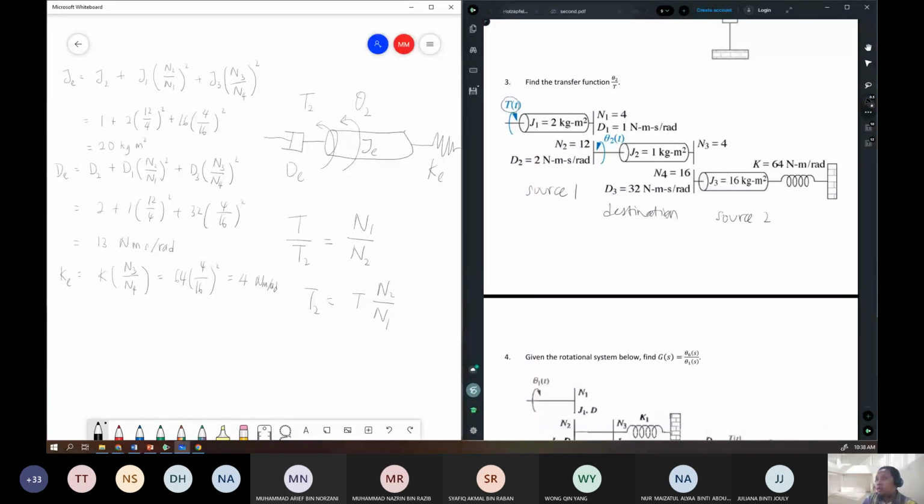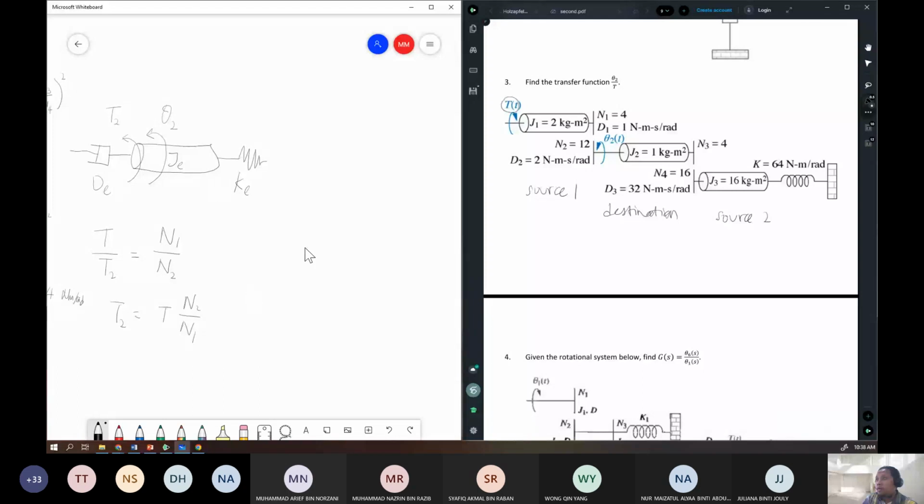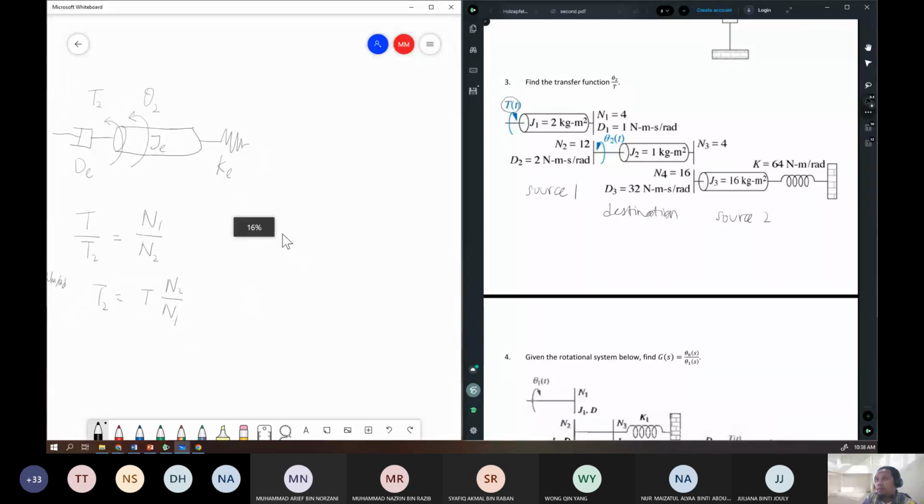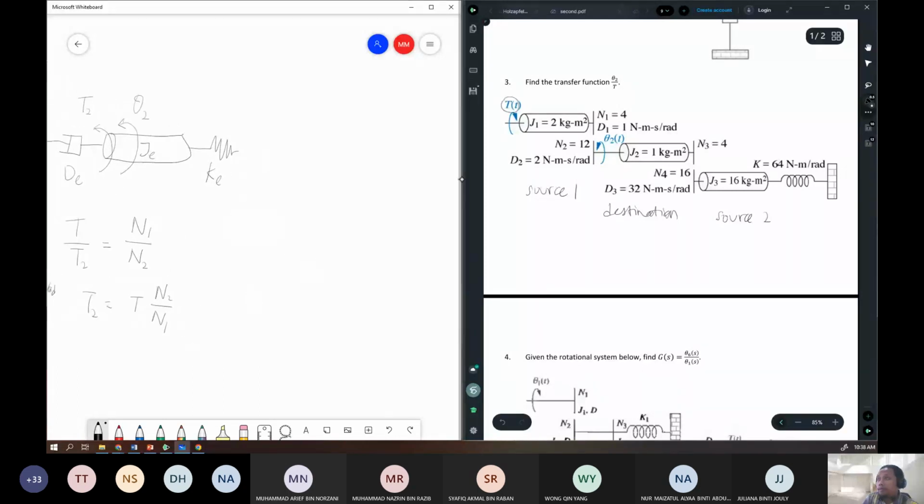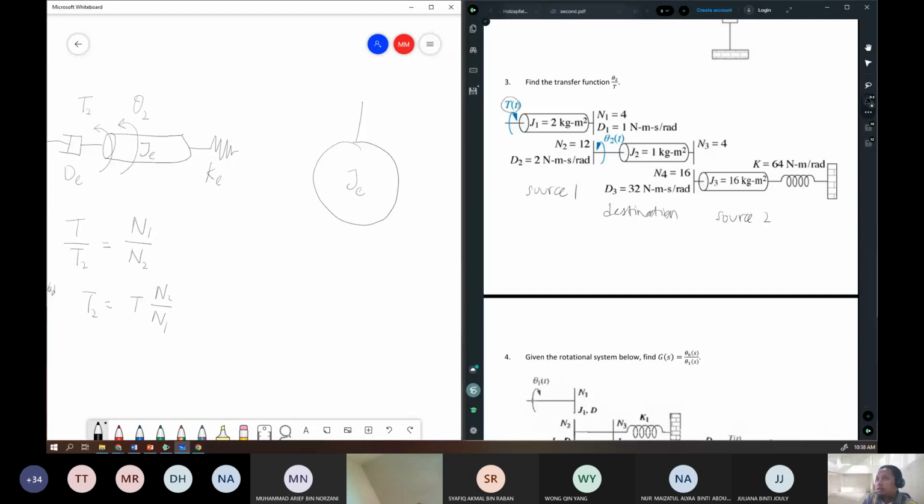So from this new system, you can draw the free body diagram. On shaft JE, we have torque T2.